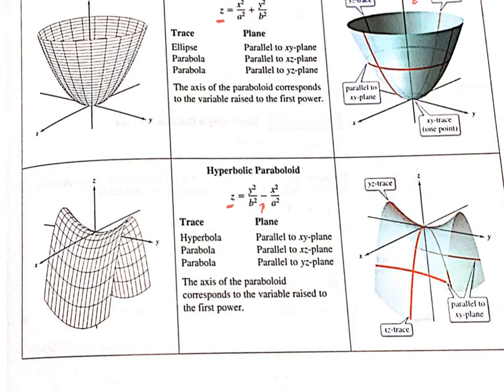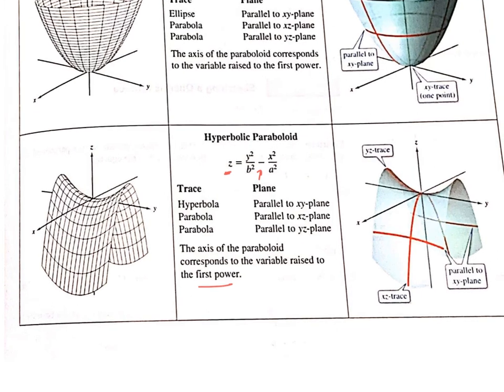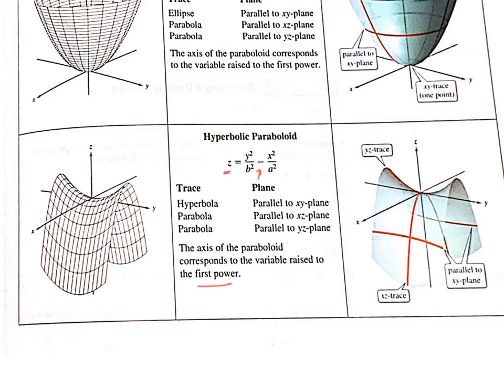And again, your axis corresponds to the term that has the first power here. So here, z is the one that has the first power, so this shape is running up and down the z-axis there.